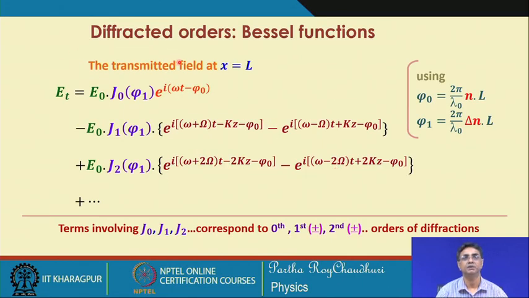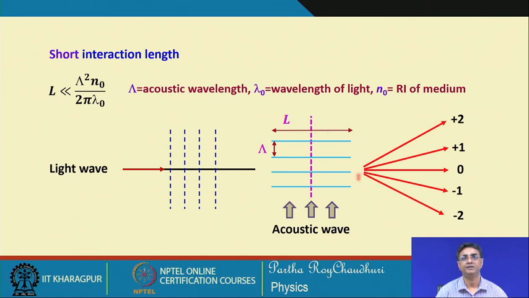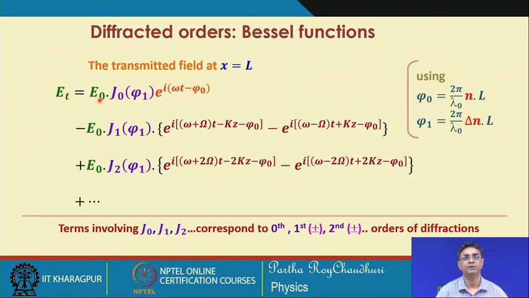So, the transmitted light field at the exit end of the acousto-optic cell, that is at x equal to L, will be represented by this. We have seen how we get this equation, and J 0 corresponds to the 0th order, J 1 corresponds to the first order, but it will give you the +1 order, and this will give you the -1 order.